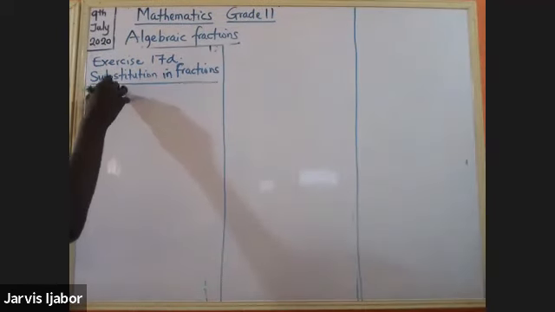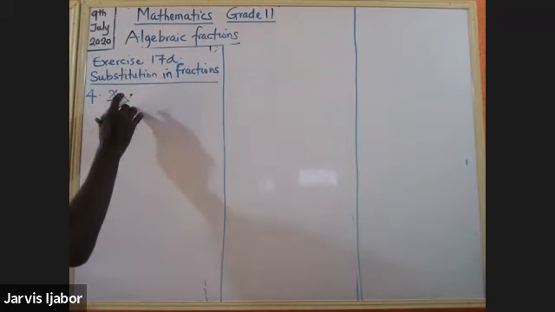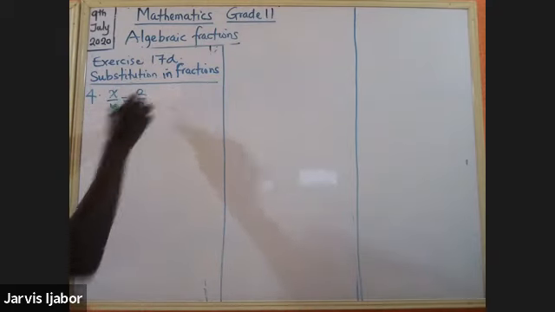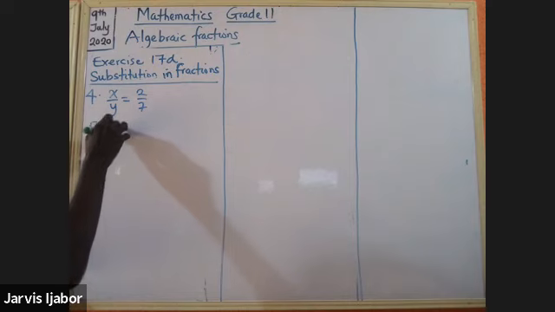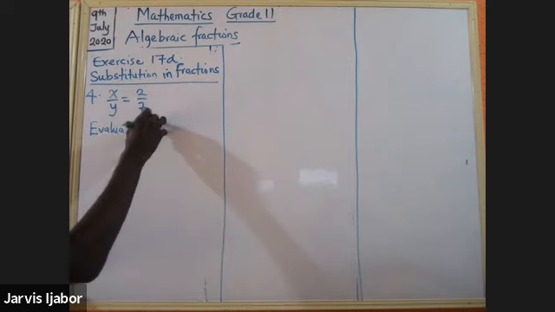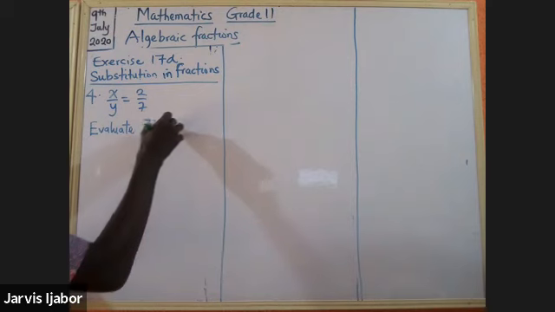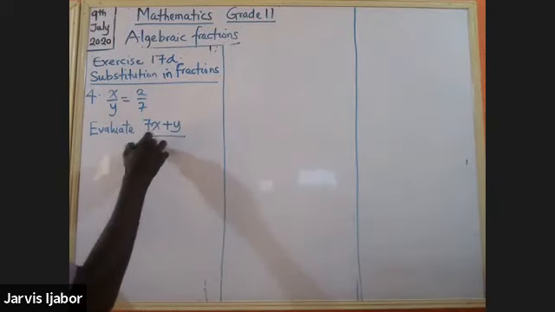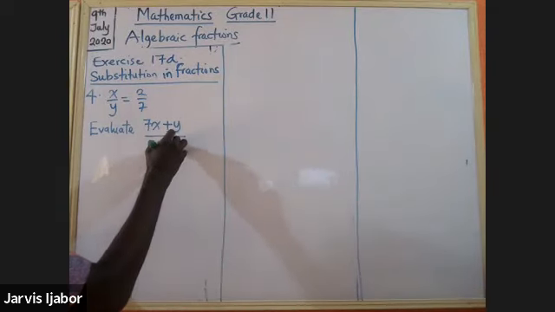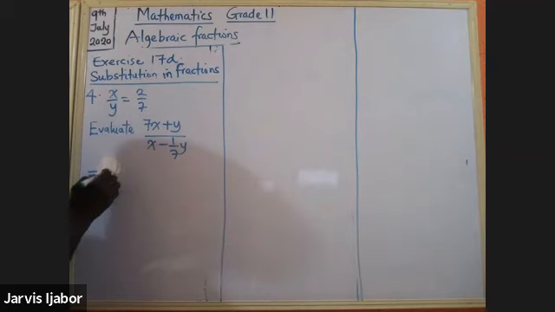We are told that x over y is equal to 2 over 7. So we should evaluate 7x plus y over x minus 1 over 7y. So what we need to do is to divide up and down by y.